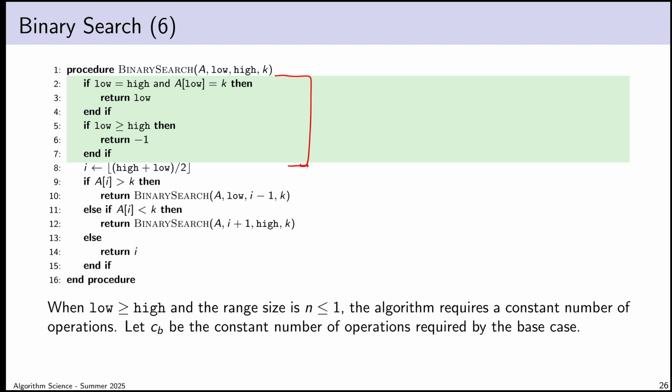I put this in here deliberately because I want to make it absolutely clear that as soon as the range has size 1 or less, even though really it'll never have size less than 1, there's no way it will ever take any more than this number of operations, because the function will be over by line 6. So this entire base case block at the beginning requires some constant number. Who cares what it is? We'll just call it C sub b. Okay, that's our base case. And so we can begin drawing up our recurrence.